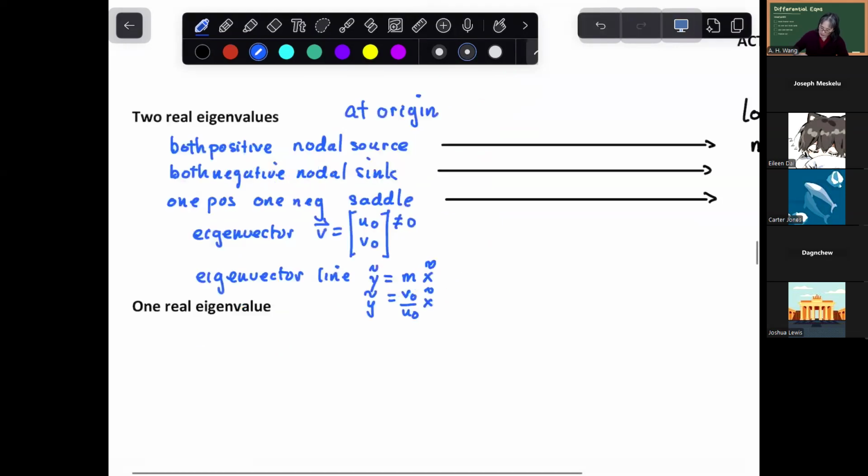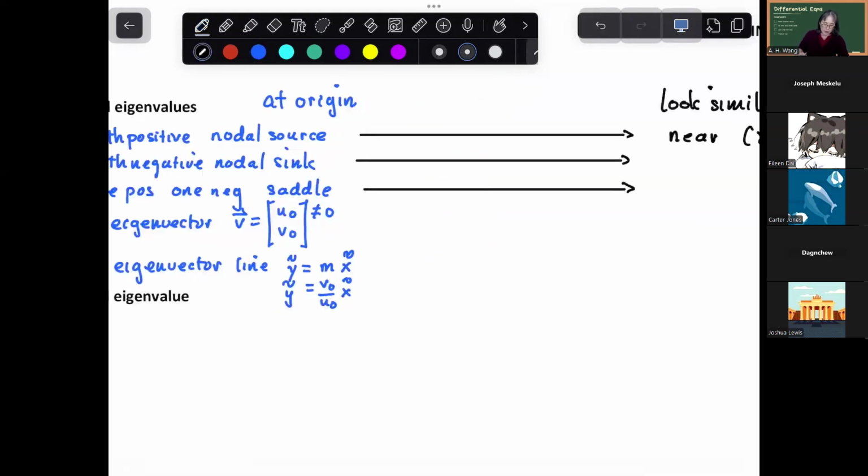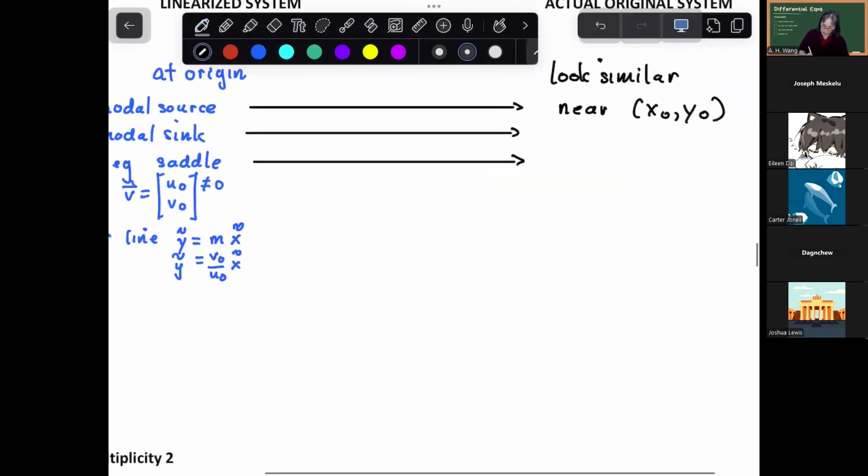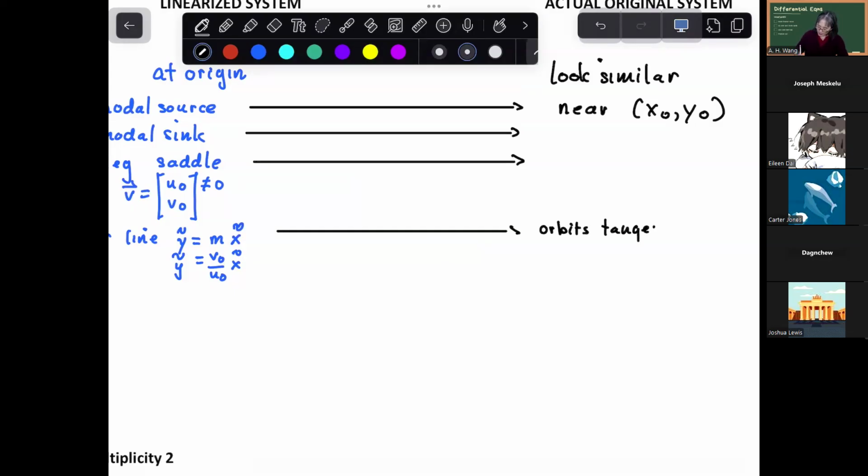Can you see that you would also have the orbits going over here? Orbits are going to be tangent to the line y minus y naught equal m, v naught over u naught, times x minus x naught.